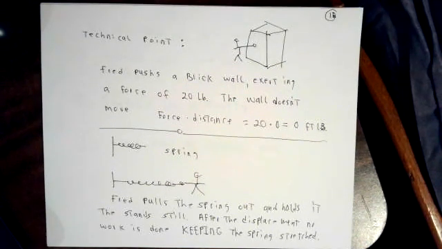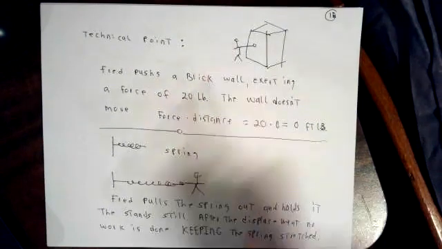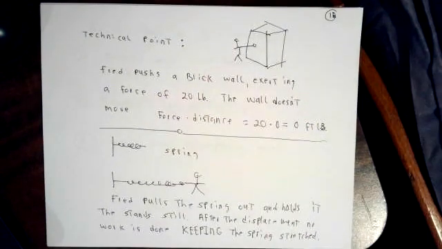If you have this individual named Fred, represented by this atrocious stick figure, and Fred is pushing against a brick wall with a force of 20 pounds, Fred is exerting effort, but technically speaking, since the wall doesn't move, Fred isn't doing any work in our sense of the word because the distance the wall moves is zero.